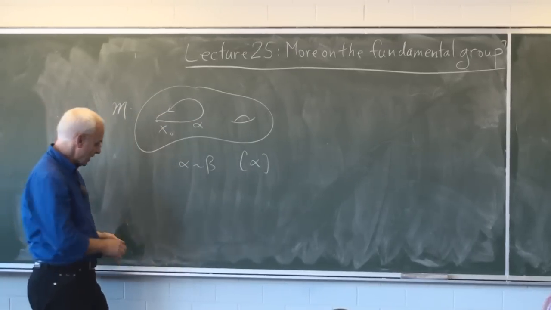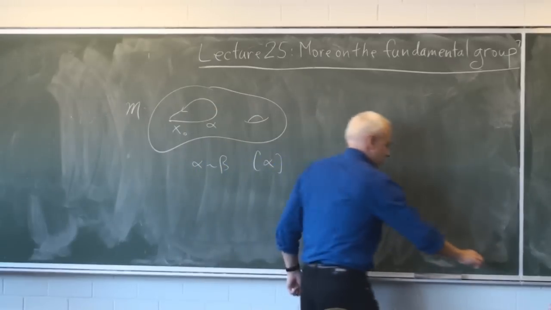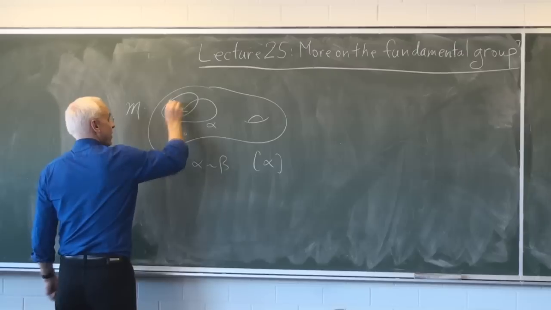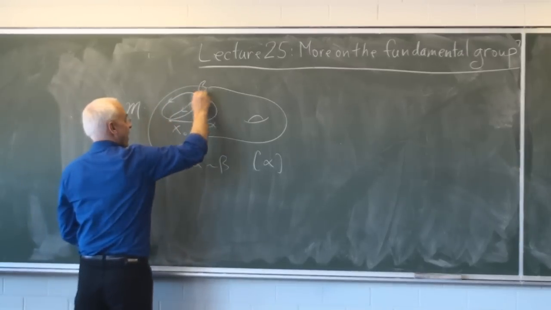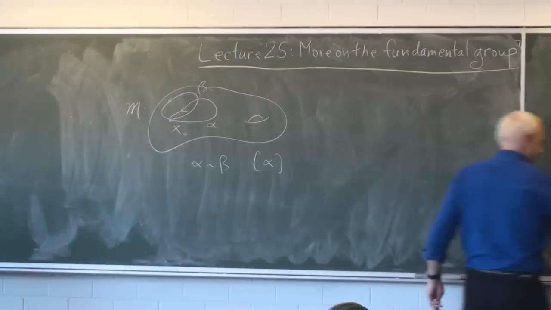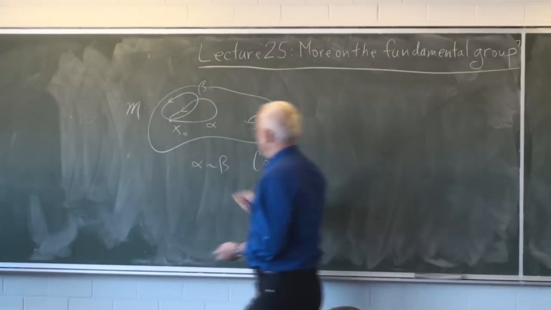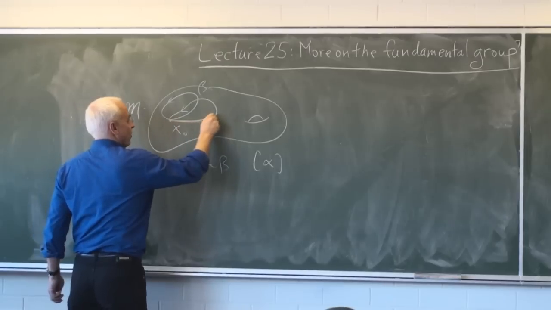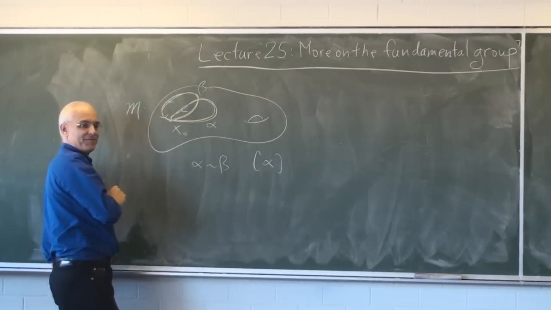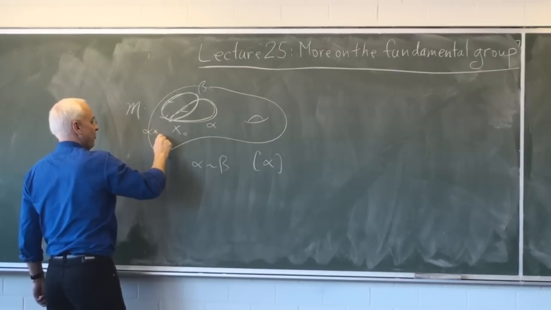And we have a way of combining two such types or classes. So if there's another loop, say beta at x0, then we can combine them or multiply them to get a new loop that goes like that. So that's alpha times beta.